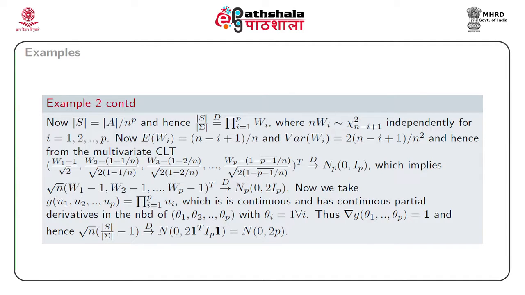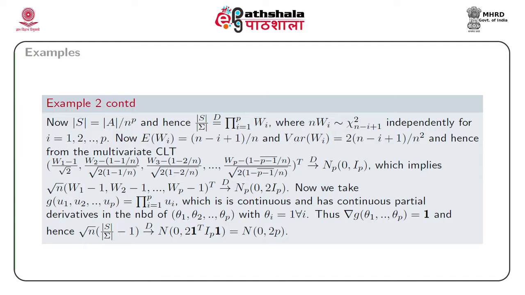Now the determinant of S is simply the determinant of A divided by n to the power p, and hence the determinant of S divided by the determinant of sigma has the same distribution as the product over i from 1 to p of Wi, where n Wi has a chi-square distribution with n minus i plus 1 degrees of freedom, and these Wi are also independent because of the independence of the original variables Vi.